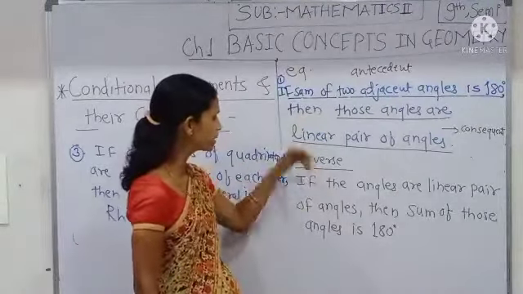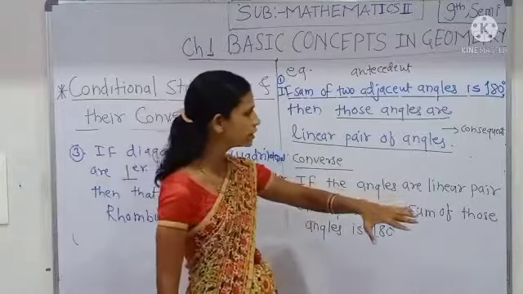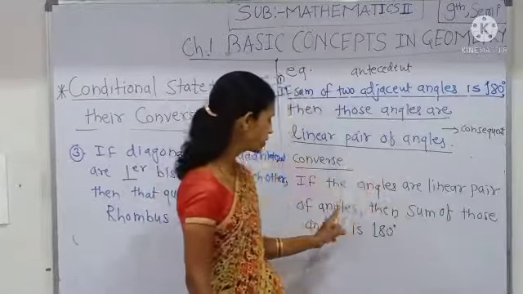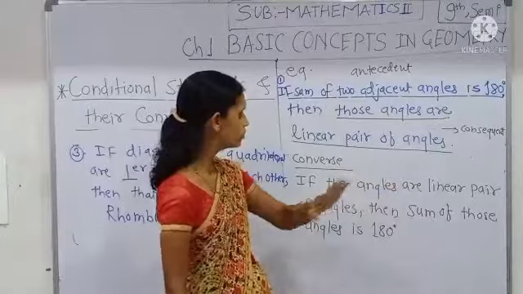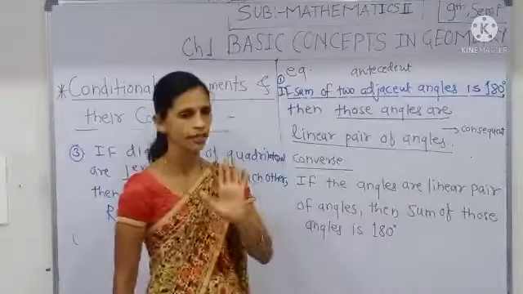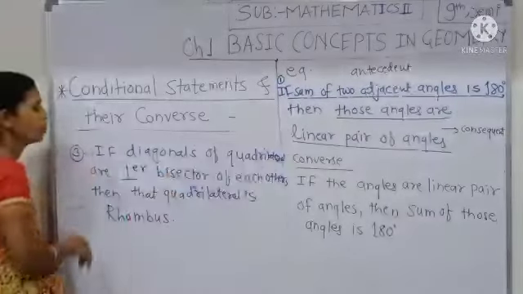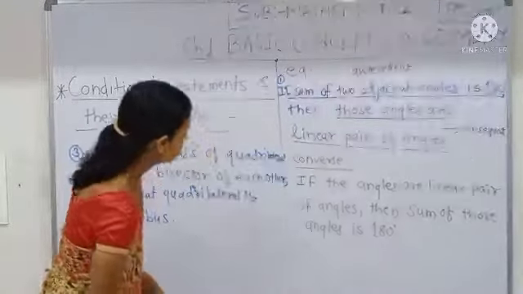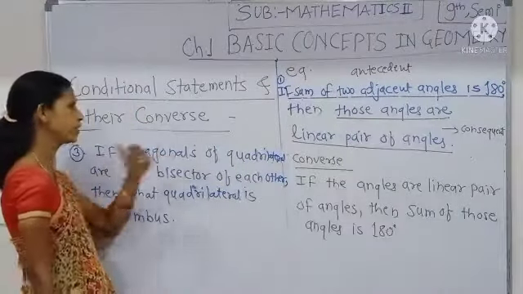And the converse of that statement is: if the angles are a linear pair of angles, then the sum of those angles is 180 degrees.